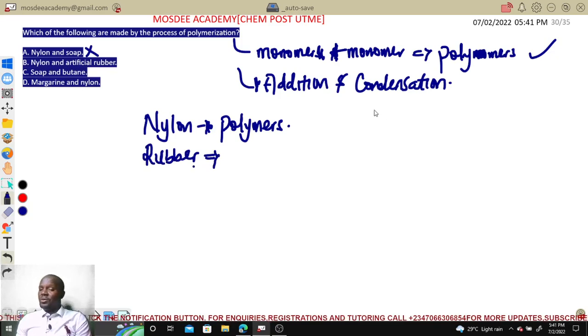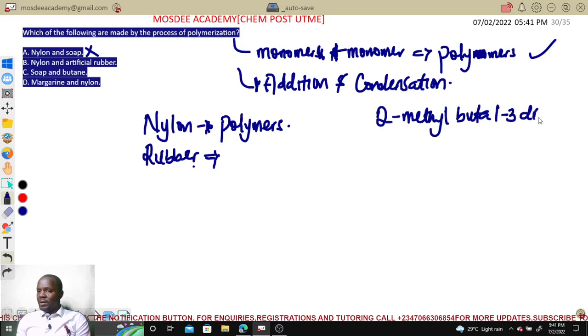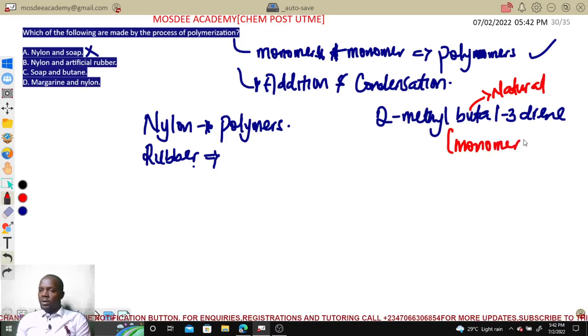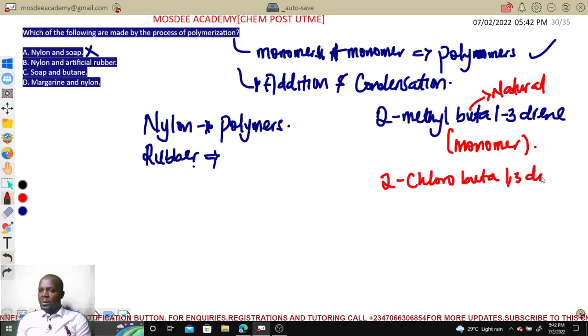The monomer for natural rubber is called isoprene, 2-methylbuta-1,3-diene. I will take it line by line, don't worry. That's the monomer that is joined together to form natural rubber, whereas 2-chlorobuta-1,3-diene is for the synthetic or artificial rubber.